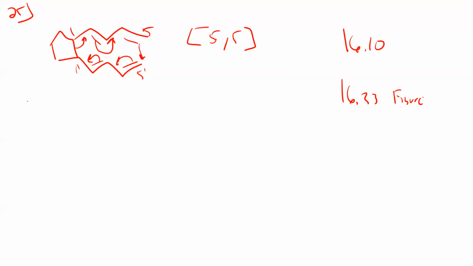And in this case, this is 5 atoms, right? In 16.33, one path is labeled in red and the other in blue. Therefore, it's called a 3-3 sigmatropic rearrangement. And then they give you another example. If you just look down at the next one, they say the following is an example of a 1-5 sigmatropic rearrangement.